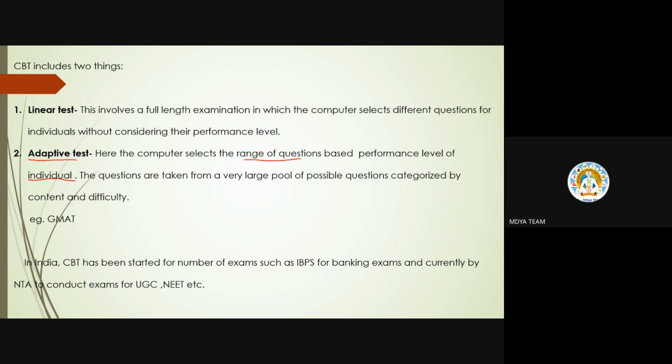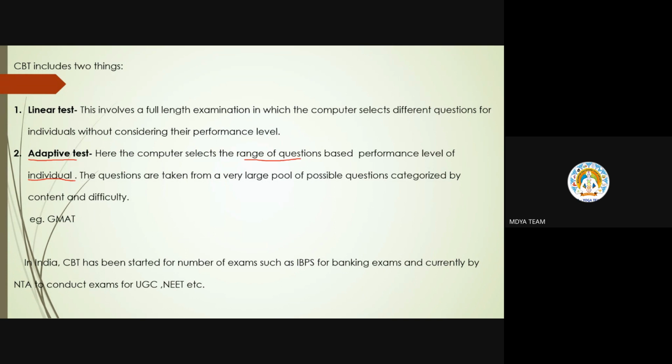So now the 11th question will be of moderate range. And if you are performing very well in the moderate range also, the questions will come in the difficult range. And if you are solving the question wrong in the first stage, that is the easiest stage, and you are answering the question wrong, the computer will not move you to the next level.